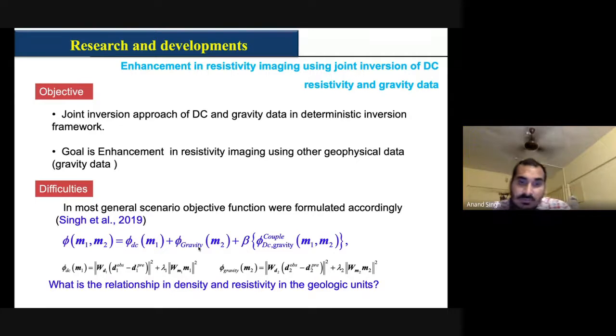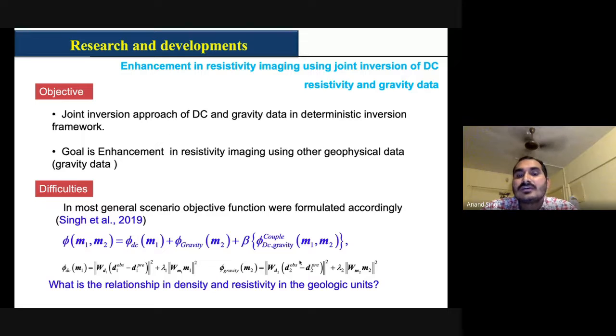But the problem is that this gravity model will provide another model. So how can we couple these two models such that both follow one particular agreement and the model is unique? We added one additional term.